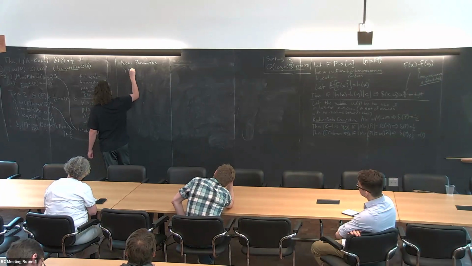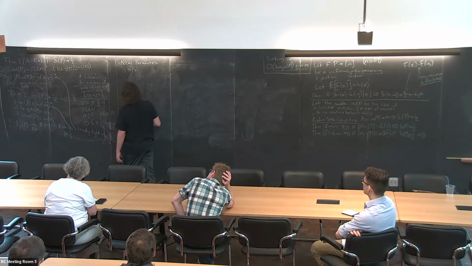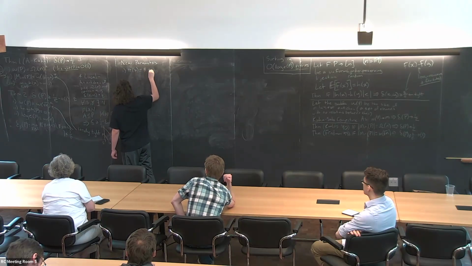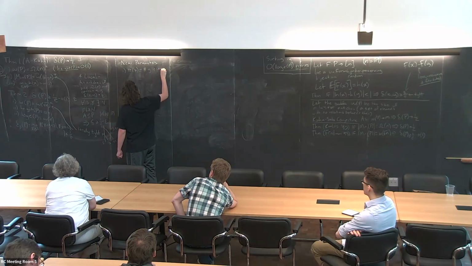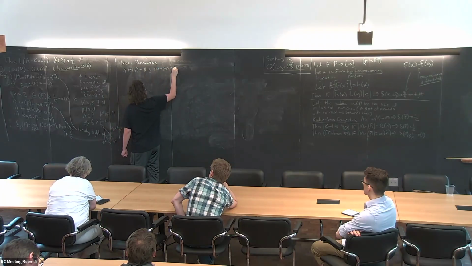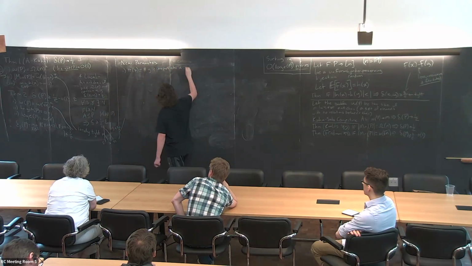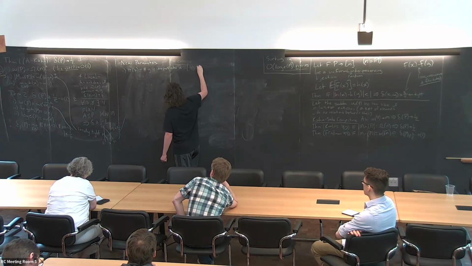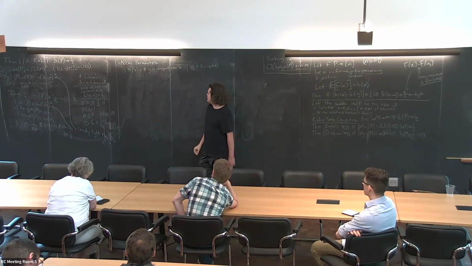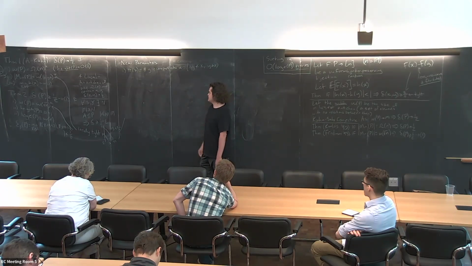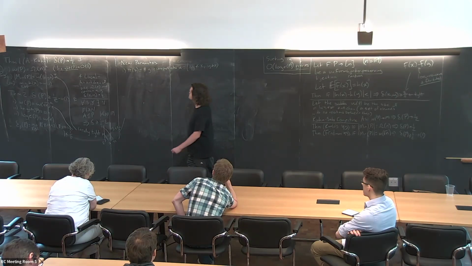So the first is pi of x, and that's just going to be the number of y which are incomparable to x. So y is not less than x, y is not bigger than x. So kind of, this is like the degree in the complement of the comparability graph.